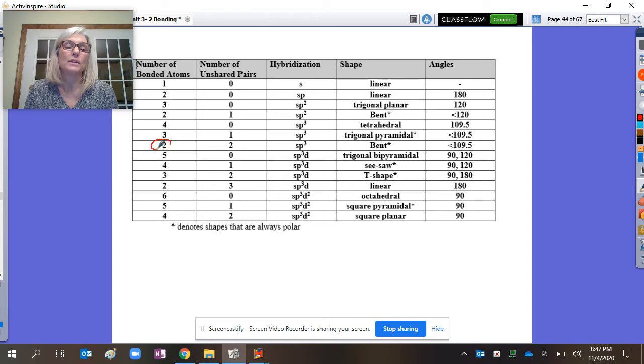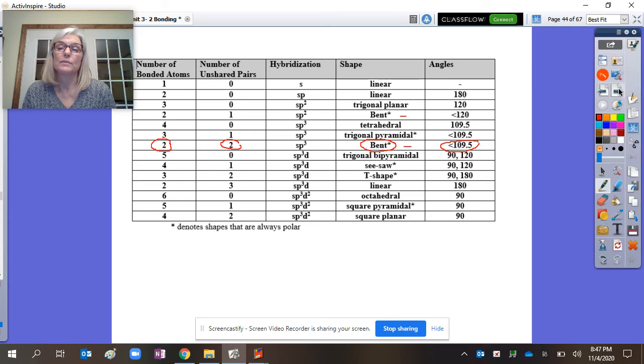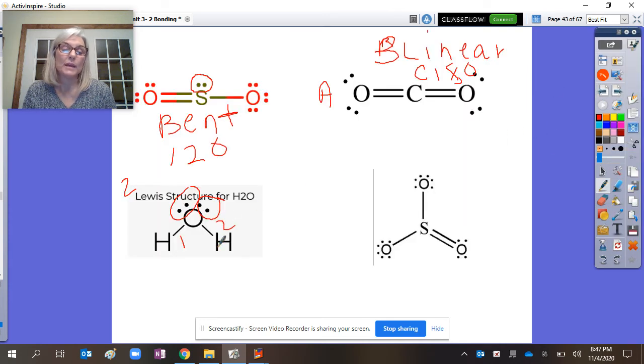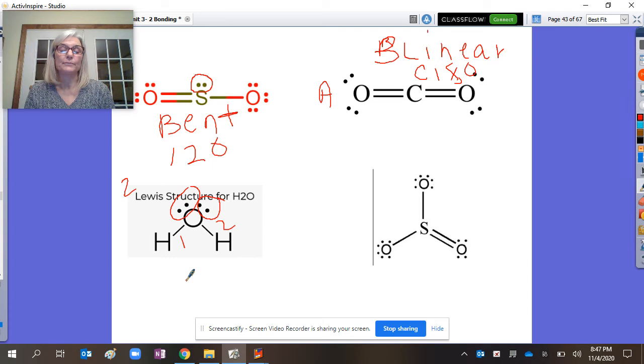Here's your 2 bonded atoms, 2 unshared pairs or lone pairs. Your answer is bent. Notice we have 2 bents, but the bond angle is different. This bond angle is less than 109.4. So that's why you need to make sure you figure out the correct shape and then the correct angle. So this was bent and less than 109.